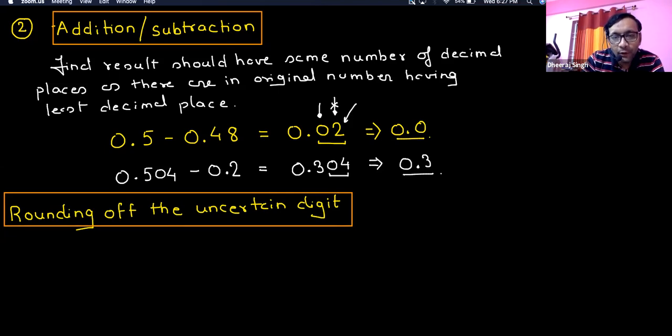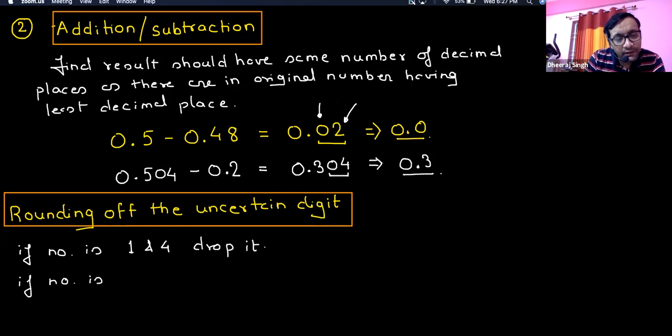Over here, you drop 2. So there are a few rules to drop the digits also. If the number is between 1 and 4, you just drop it off. I'll give you examples also. Please write it down.